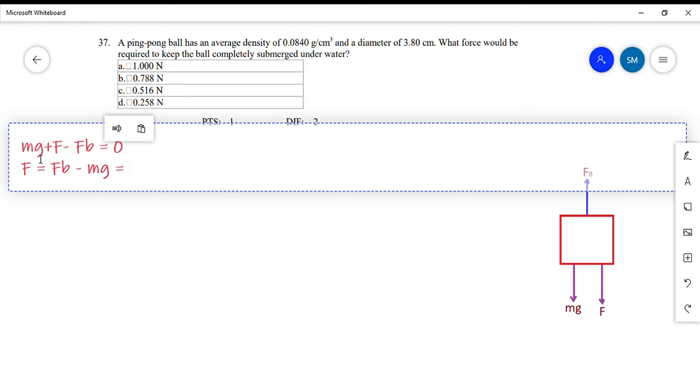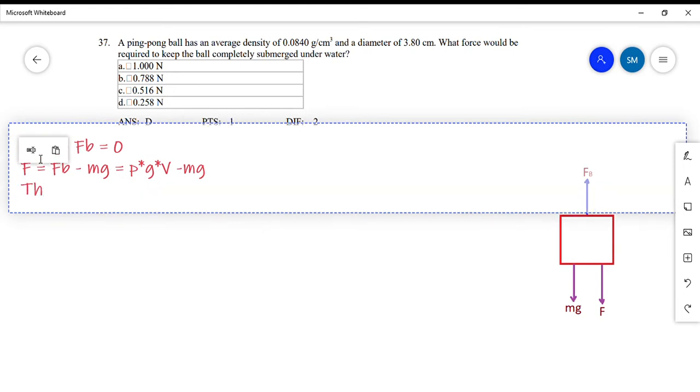The buoyant force, we all know, is simply the basic rule: the density times the gravity times the volume, minus mg. He didn't give us the volume, so we will calculate the volume first. First, we have to know the radius. The radius is the diameter over 2.